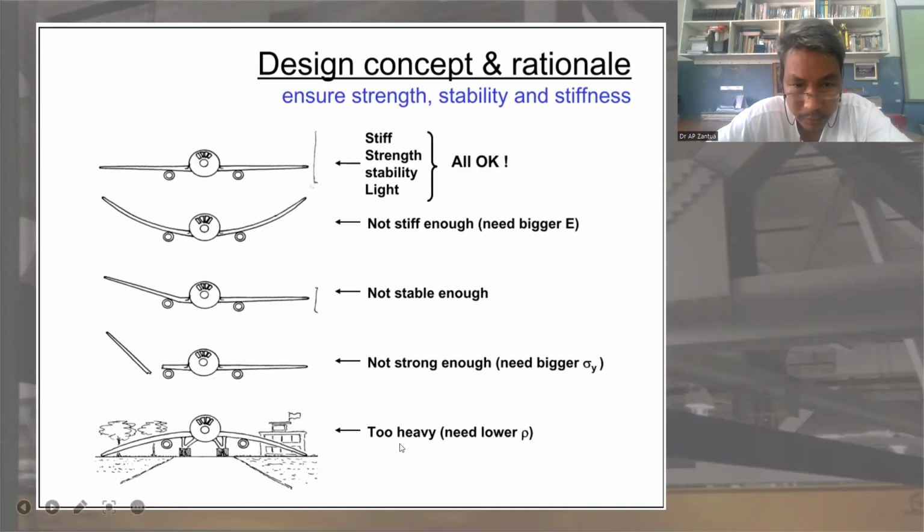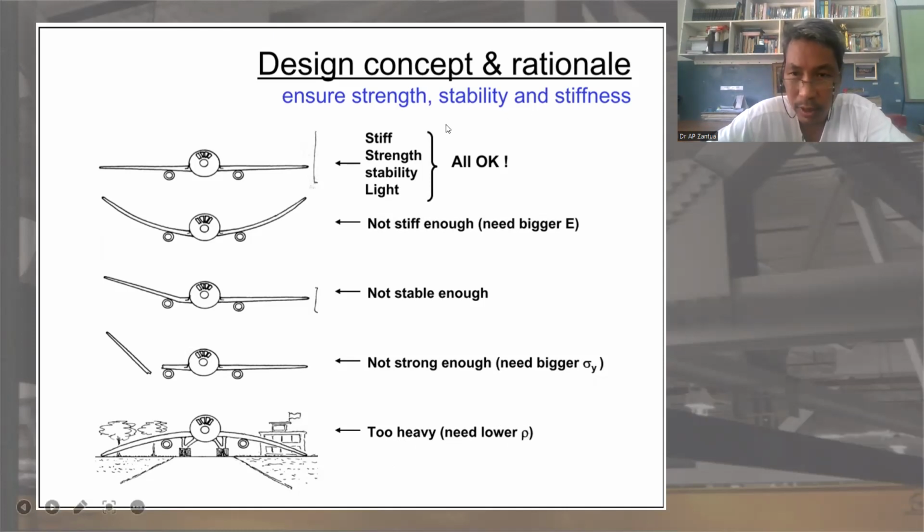And lastly, too heavy. Too heavy, it will not get off the ground, because it is too heavy. We need what? Lower density.